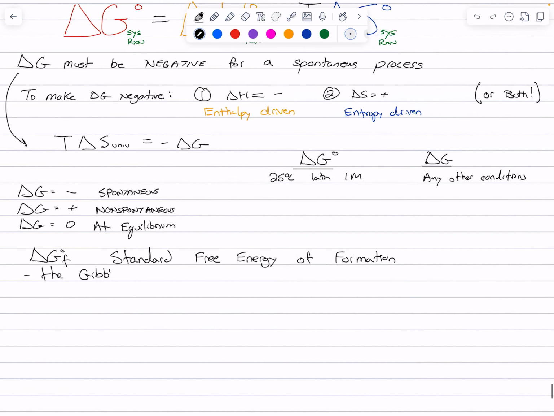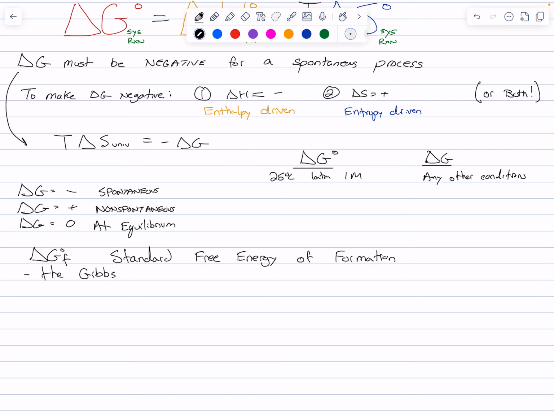The Gibbs energy change that occurs when 1 mole of the compound, whatever we're making, right? 1 mole of the compound is synthesized or made from its constituent elements in their standard states.